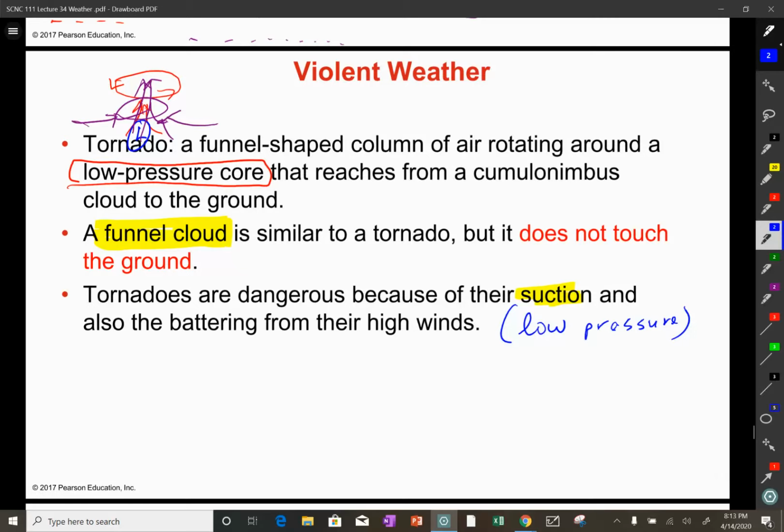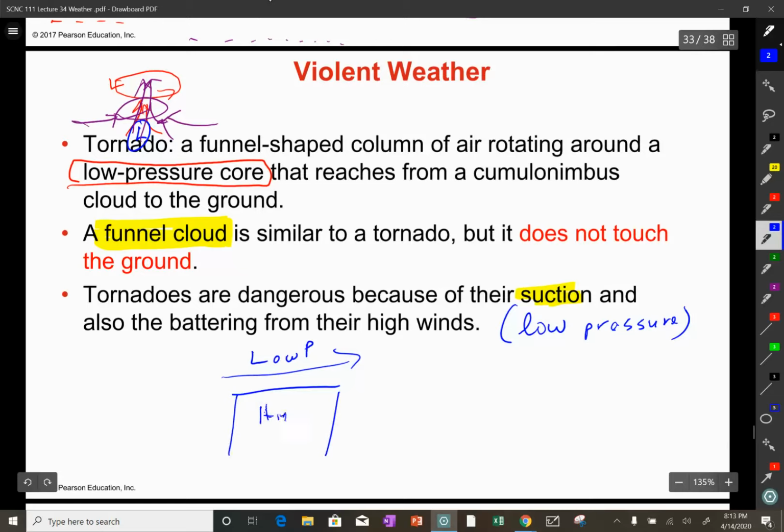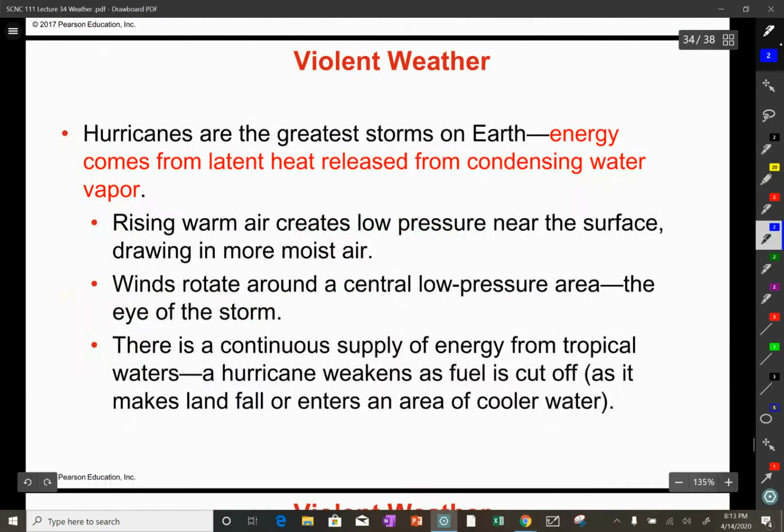You just have low pressure, and then high pressure pushes in on the low pressure. Say you have your house and you have the air blowing over it. Because of the Bernoulli relations, you have low pressure here, and underneath the roof, you have your normal atmospheric pressure, which we're going to call high pressure here. And so it pushes it up. Or you could just have those fast winds hitting the side and knocking it over. I'm sure you've seen pictures of those poor folk in Tennessee whose houses were knocked down because of those winds battering their homes.